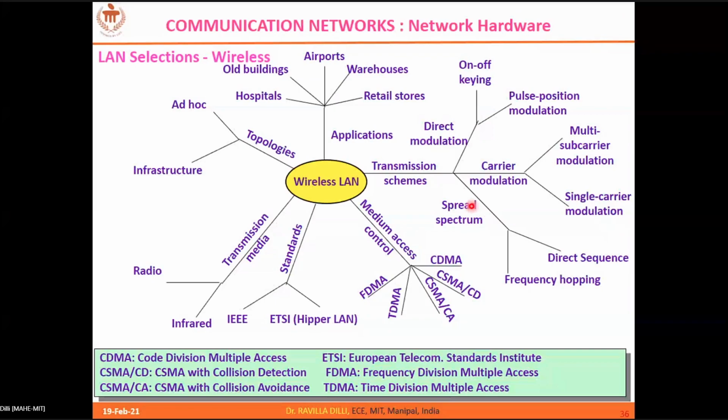Similarly, spread spectrum communication, whether it is direct sequence or frequency hopping. Similarly, you also have time hopping spread spectrum. So for example, CDMA technology is based on direct sequence spread spectrum. So here what happens is the signal energy is spread over a large bandwidth, where for an unauthorized person it looks like noise, okay, because it is spread, the signal amplitude is very low at a given frequency.